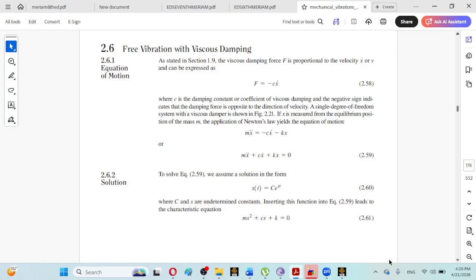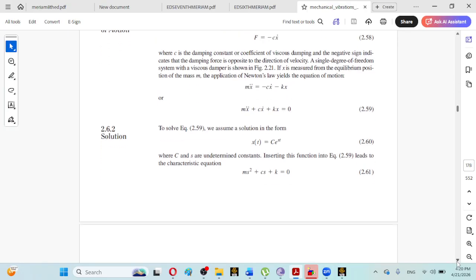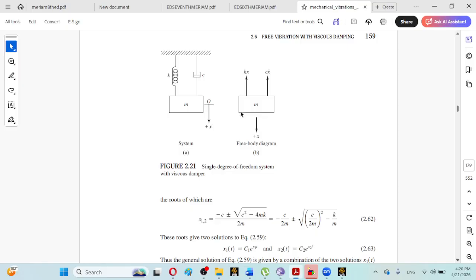If we see its free body diagram, meaning the resultant forces, we can observe that this is the restoring force of the spring and this is the restoring force due to the damper.